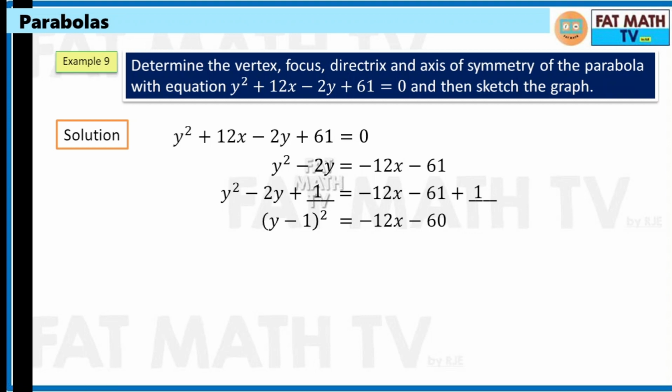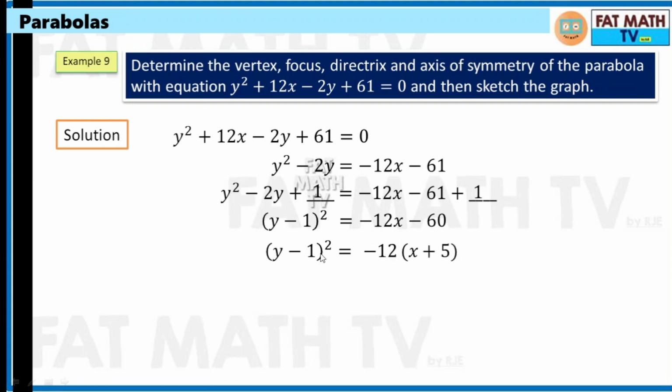And then you have to also factor out the coefficient of x. So the negative 12, you have to factor that, so put it outside. Negative 12x divided by negative 12 is x, and negative 60 divided by negative 12 is positive 5.